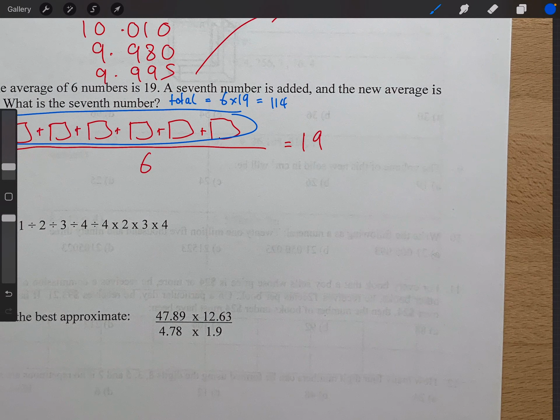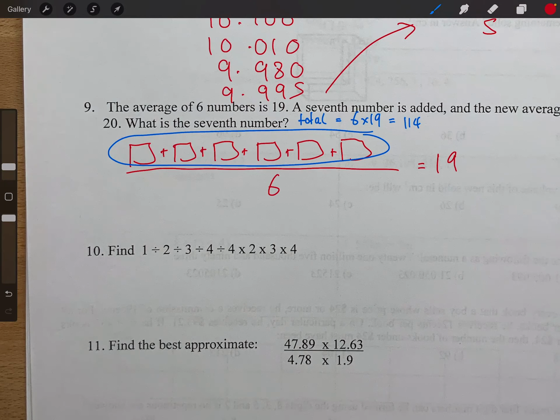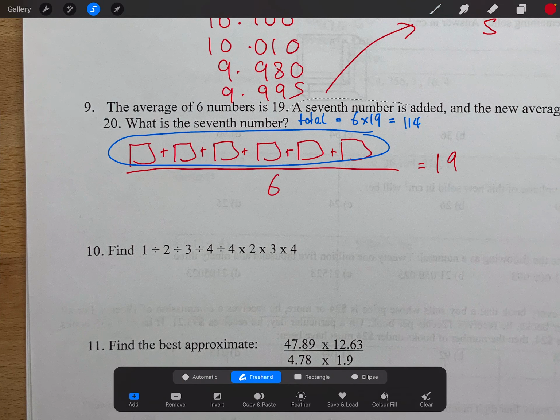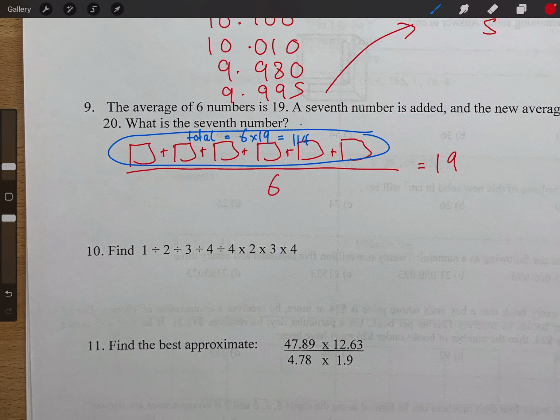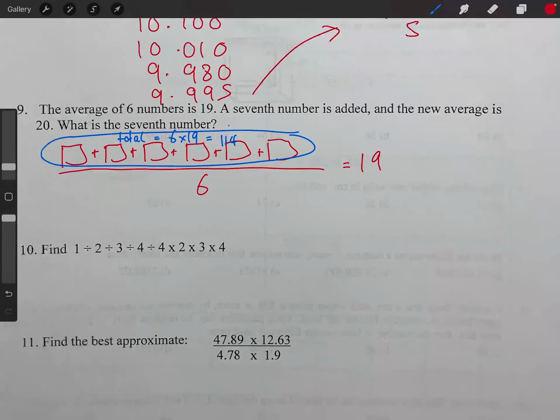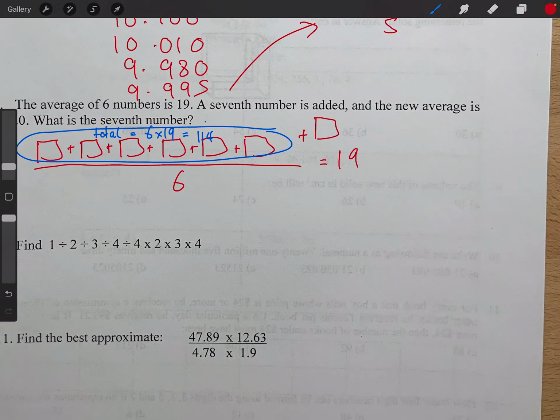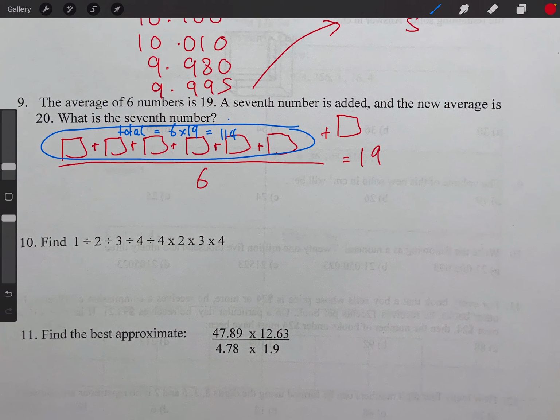Okay, now next part says, so we worked out the total. Put it there. Alright, next part says a 7th number is added, so we add another number here. And the new average is 20. Now to do the average of 7 numbers, we add the 7 numbers and we divide it by 7. So no longer 6, divided by 7. And the new average is 20. Alright, so what will be the total of the 7 numbers?